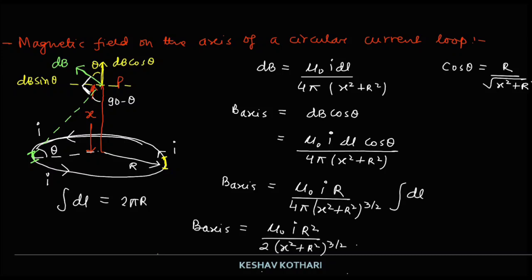And if suppose there are n turns, we multiply this expression with n. So we will obtain an expression like mu naught n I r square upon twice of x square plus r square to the power 3 by 2. So this is the value of magnetic field on the axis of the current carrying circular loop.